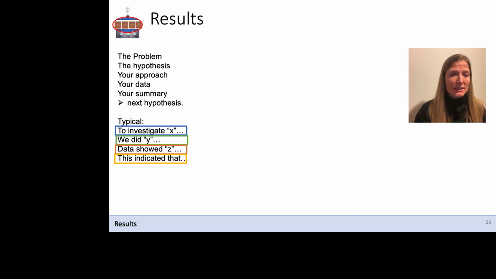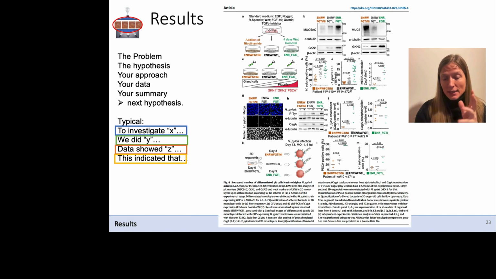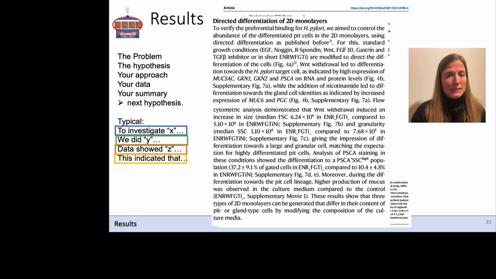Let's look at this in some examples. We take again this example paper and go to the section where we described this particular figure. It's here: to verify the preferential binding for Helicobacter pylori. That's what we wanted to do. To do this, we did this.